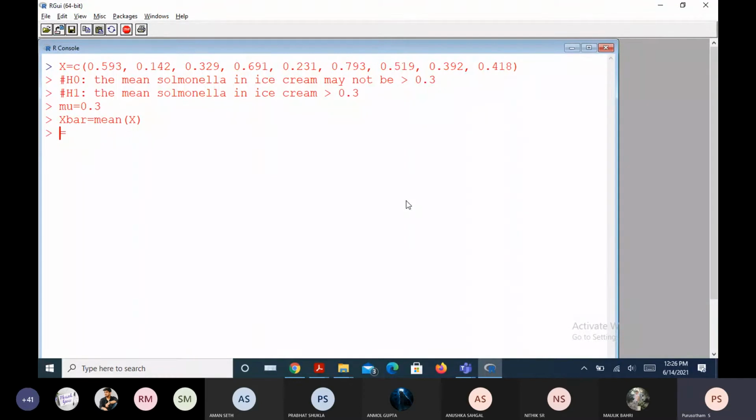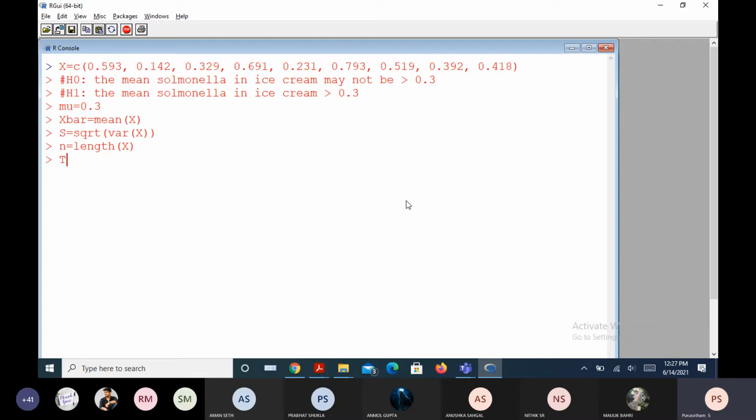This we denote as s, the square root of the variance of x, right? N is the length of capital X. Mu is already defined.